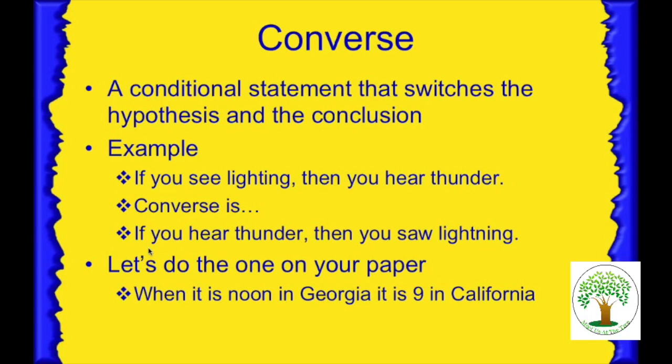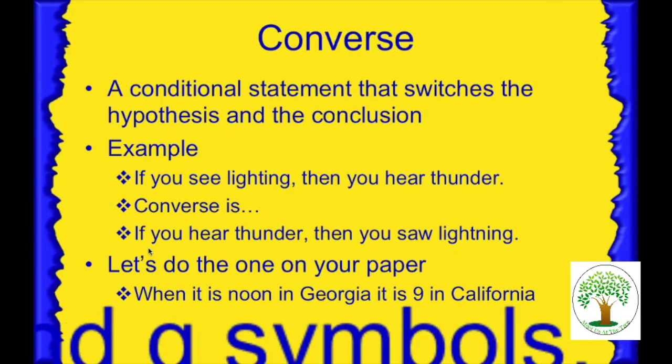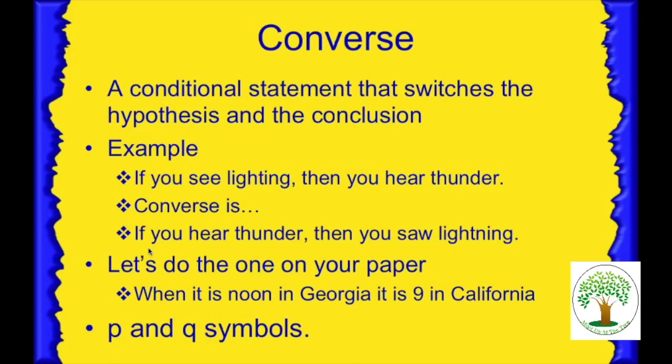This is what I got: when it is noon in Georgia. Actually, that's what it was, right? And then the converse would be what you had the other way. We said it was if it is 9 in California, then it is noon in Georgia. The symbols with the P and Q for converse: since we're switching it around, and the conclusion was the Q, and the hypothesis was the P, we're going to have this symbol for converse.